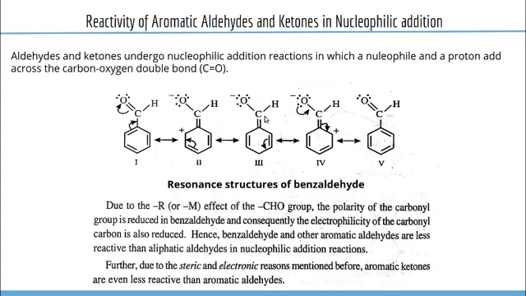So the electrophilicity of the carbonyl group is also reduced by this minus R or minus M effect of the CHO group. Hence, benzaldehyde and other aromatic aldehydes are less reactive than aliphatic aldehydes in nucleophilic addition reaction. That means because of this minus R effect of the CHO group, the polarity of the CO group is reduced, which further affects the electrophilicity of the carbonyl carbon.